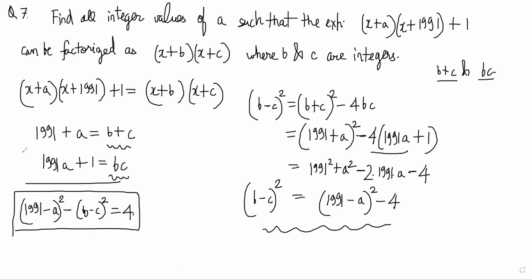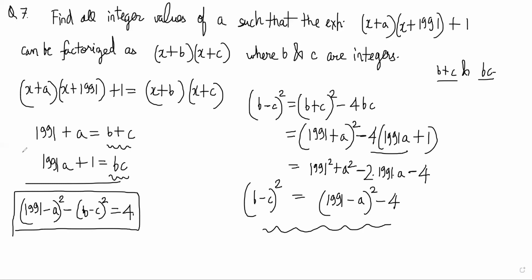Now, how can this happen? If the difference of two squares is 4, what should happen?